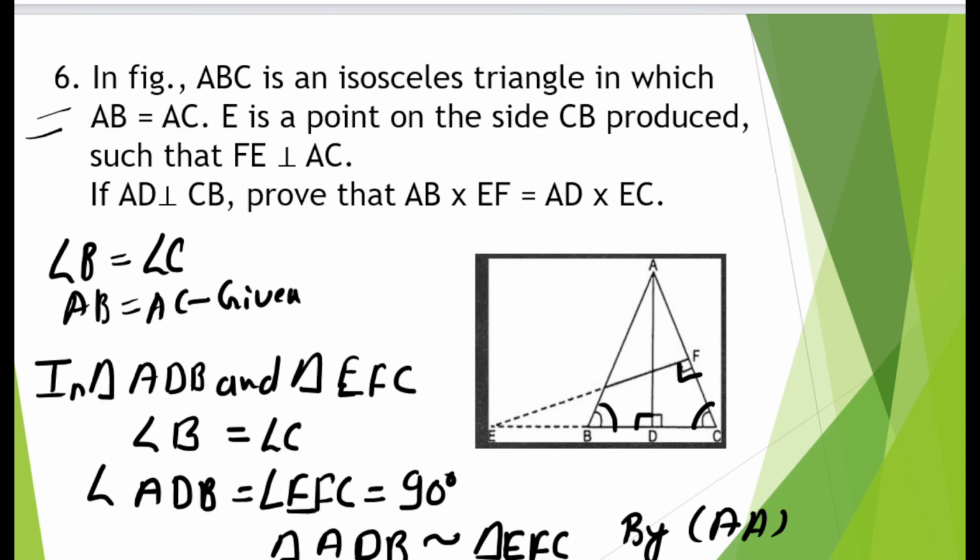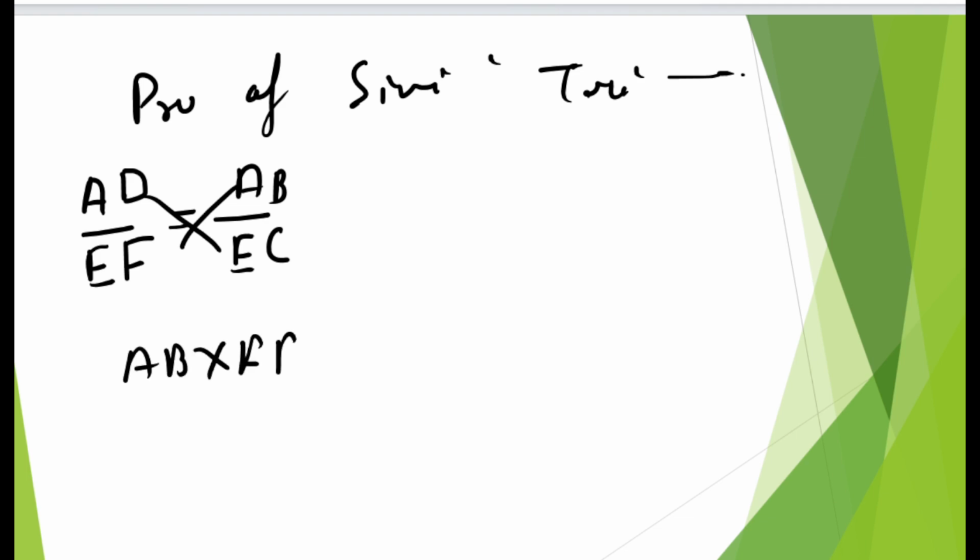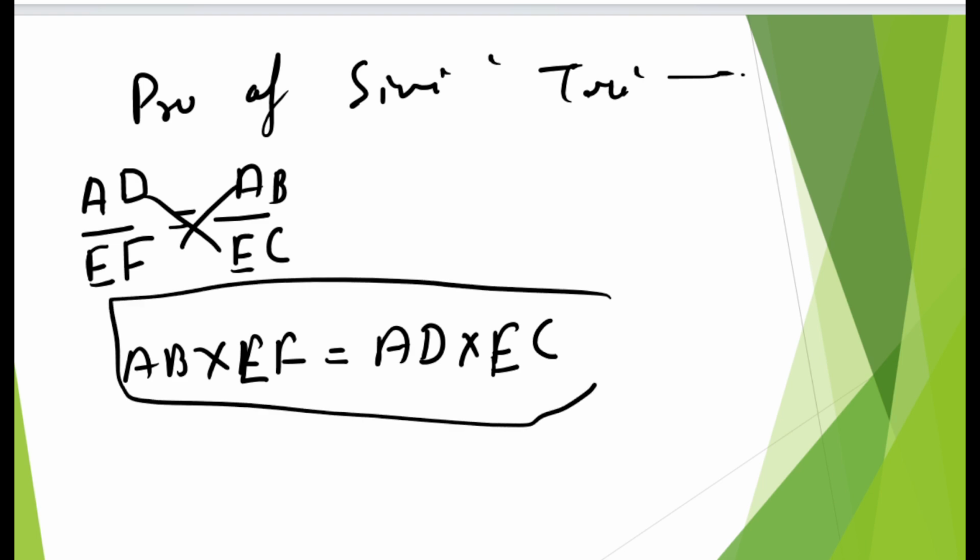We can write here equal to AB upon EC. Cross product, we find AB into EF equal to AD into EC. This is the answer.